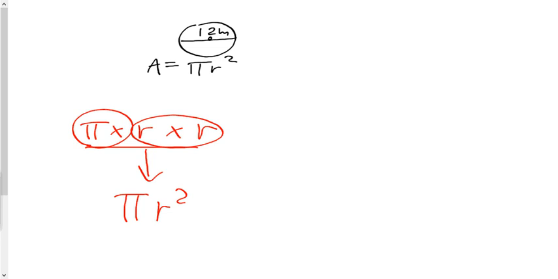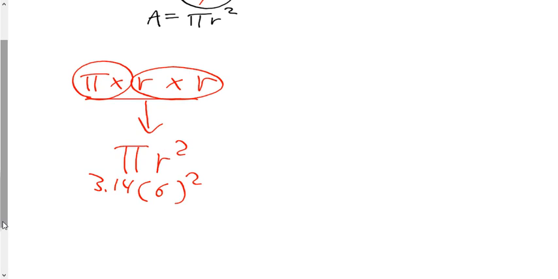So that's our formula. We're going to write down 3.14, which is the approximate value of pi, rounded to the nearest hundredth, multiplied by the radius. This distance here is called the diameter, and it's 12. So your radius is actually the distance from the middle of the circle to the circumference of the outside, which means that will be 6. And in BEDMAS, we're going to do our exponents before we do our multiplication.